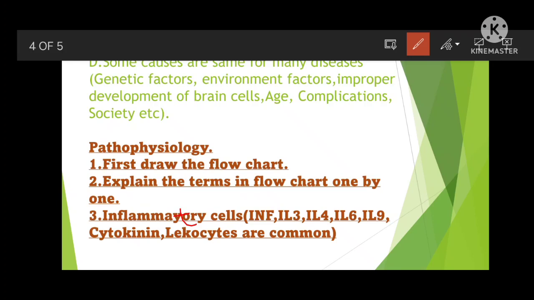Why? Because our human body has an immune system. That immune system mainly consists of plasma cells. Those plasma cells or WBCs store these interleukin proteins. These are interleukins, leukocytes, cytokines and lysosomal compounds. These are all the proteins which are present in these WBCs, like neutrophils, basophils, like serotonin.